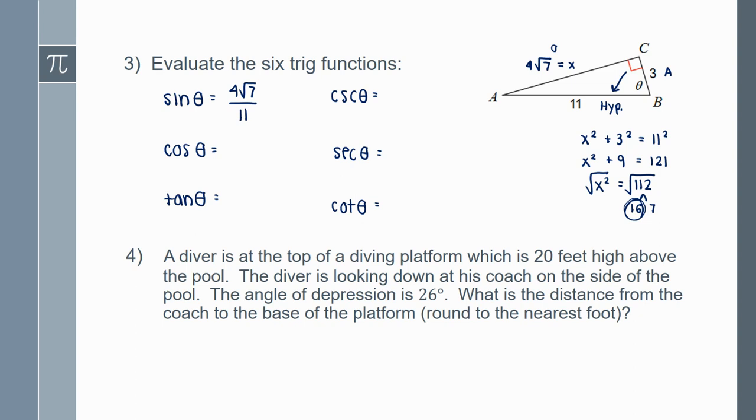Cosine is adjacent over hypotenuse. Adjacent is 3, the hypotenuse is 11. Tangent is opposite over adjacent. So 4 root 7 is the opposite side from theta. 3 is adjacent.